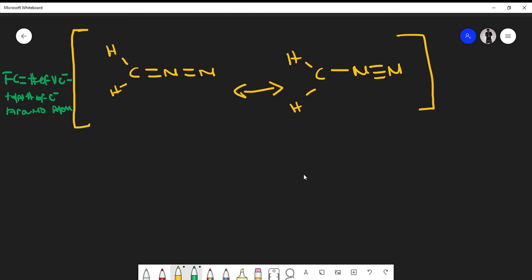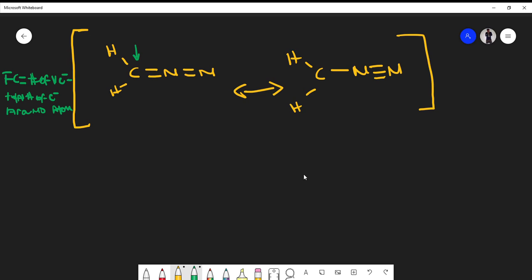So let's say we want to calculate the formal charge of this carbon. Now, one thing I may remind you in organic chemistry is that we do not always explicitly state the lone pairs. So we have to do a little bit of inference here. Now remember, I'm looking at a Lewis structure that has no charges, so that means it essentially has to be neutral.